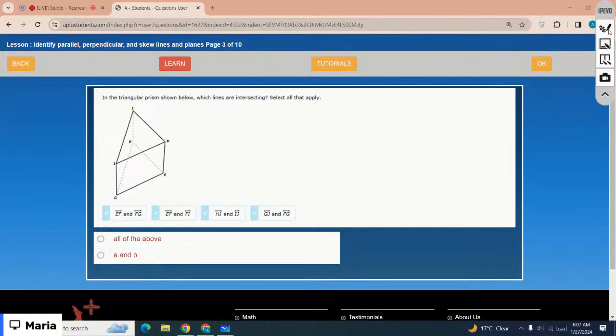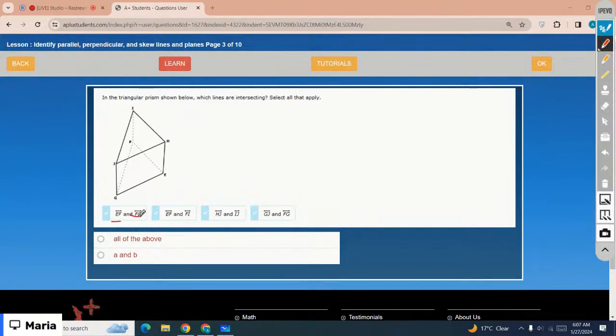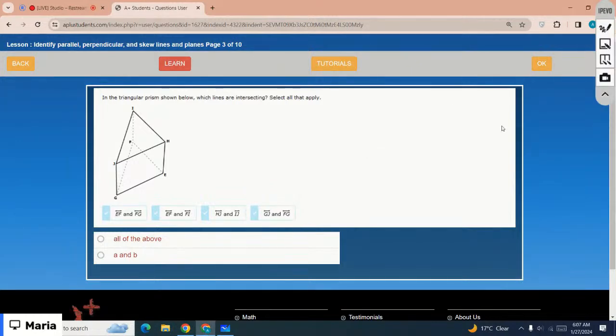See, they have EF and FJ. You have a common point F. They are intersecting. EF and FI, again, F is a common point. That means they intersect at F. HJ and IJ, they intersect at J. GJ and FG, they intersect at G, right? So all of the above are intersecting lines. So the correct option is all of the above.